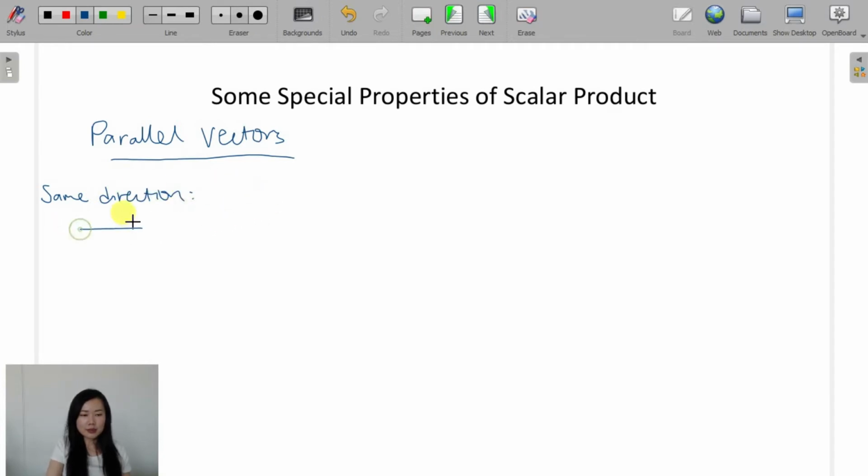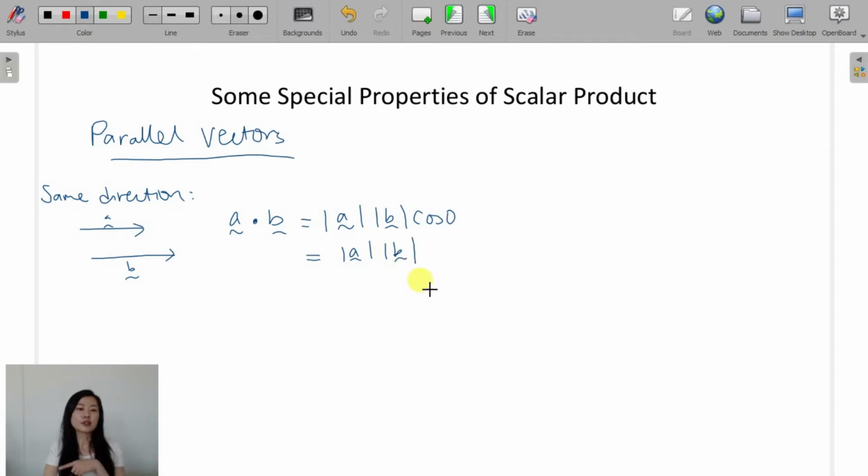So for example, A, B. Now, key point is if they're both pointing in the same direction, they're not going to make an angle in between the vectors. So in this case, the dot product is going to be just the magnitude of A times the magnitude of B, and it's going to be cos 0, cos 0 is 1, so it's just that. Yeah, magnitude of A times magnitude of B.